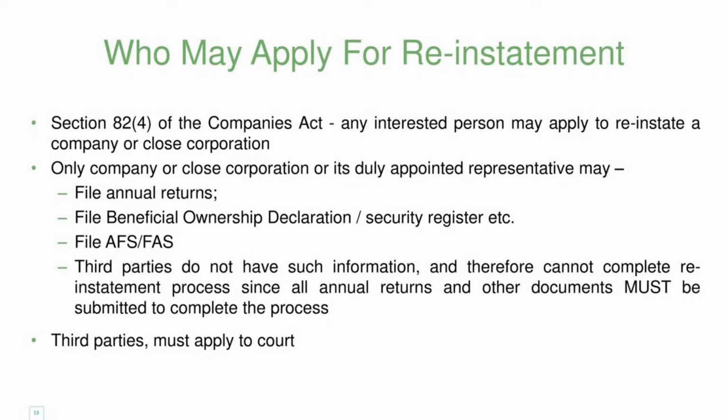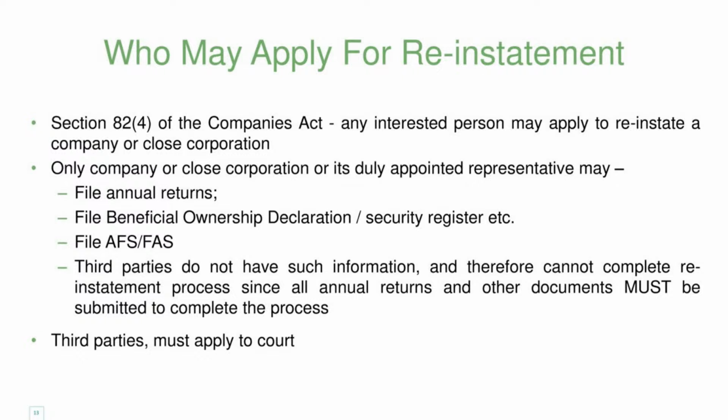Who may apply for reinstatements? According to Section 82, subsection 4 of the Companies Act, any interested party may apply to reinstate a company or CC. Only companies or CCs or its duly appointed representative may file annual returns, file beneficial ownership declaration or the security register, file the AFS or FAS, that's a final financial accountability supplement.